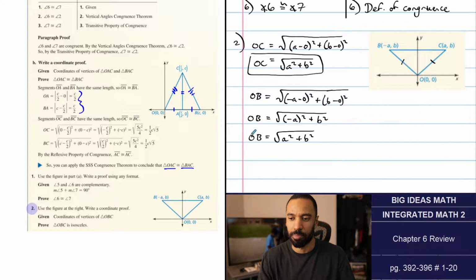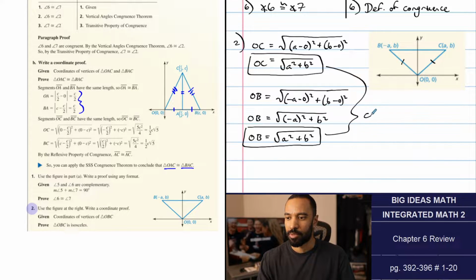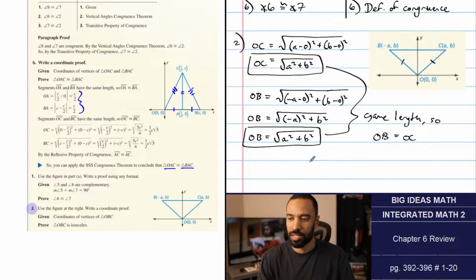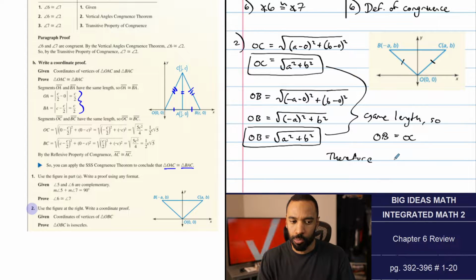So that's still a squared plus b squared like that. So they are the same length. So OB is the same thing as OC. Therefore, triangle OBC is isosceles. So that was a small one.